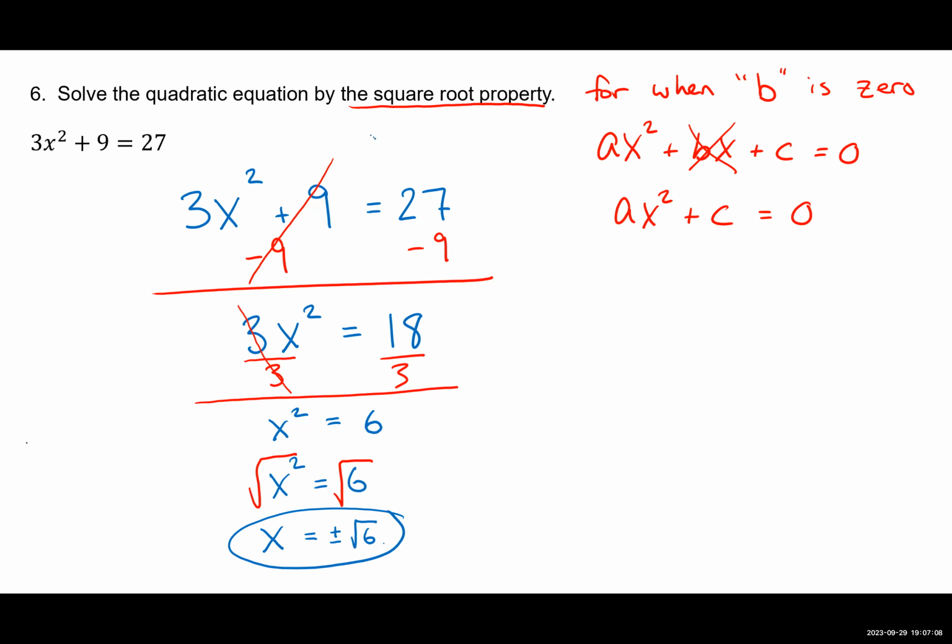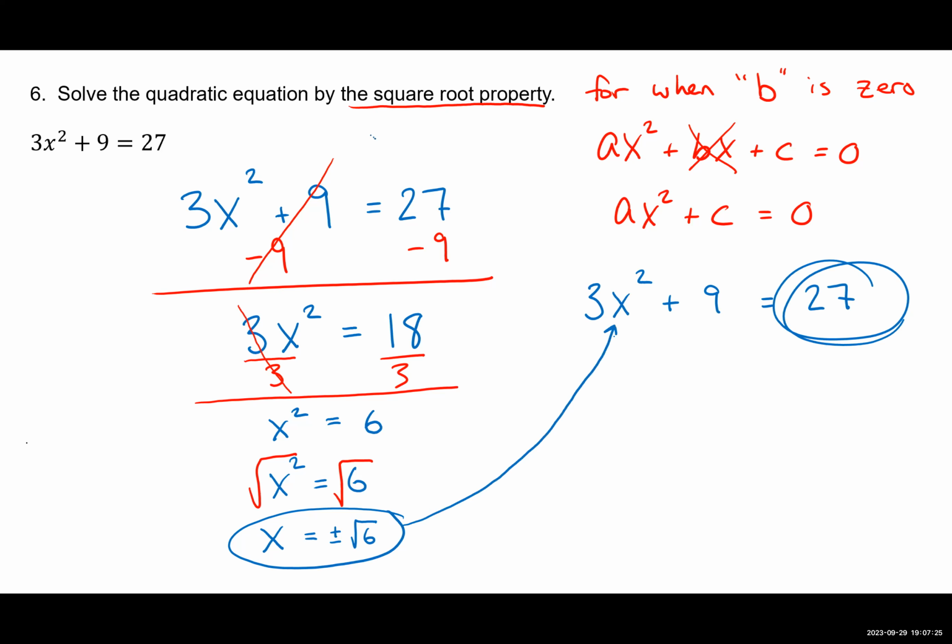And we could always check that our answer is indeed an actual answer by going back to the original problem, 3x squared plus 9 equals 27. Now, we have a 27 on the right, which means if this is an answer, once we plug it in for x, we better get a 27 on the left. This should give us 27 equals 27, which is a true statement.